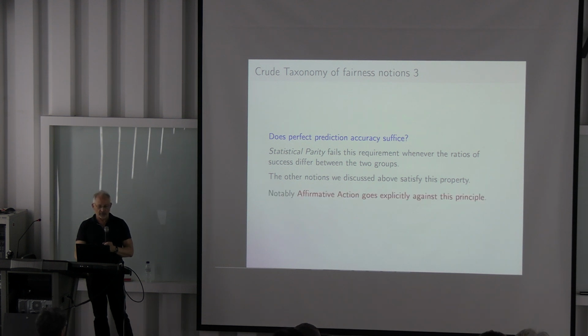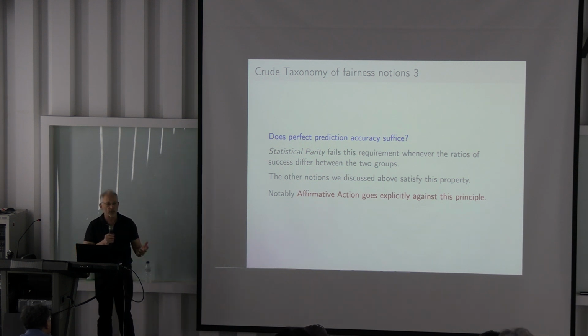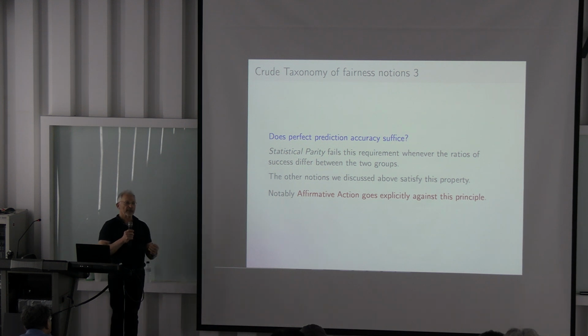But of course, we are not there. So affirmative action really goes explicitly against this and says we should go against just judging by success rates because we want to make a change in society. So there's another question, whether our notion of fairness is aiming towards the dynamics, what will happen based on our decisions, or just trying to be fair at this point in time.